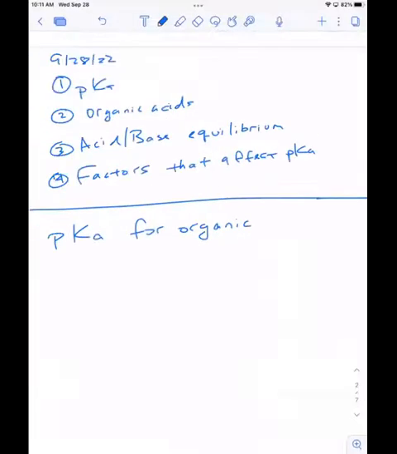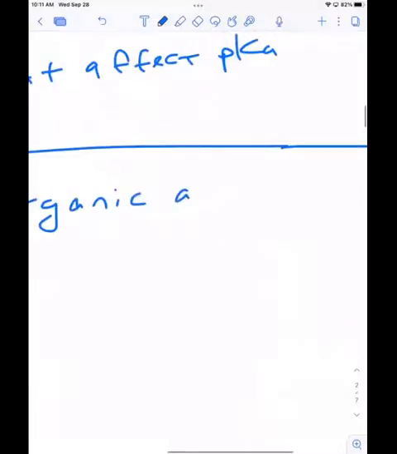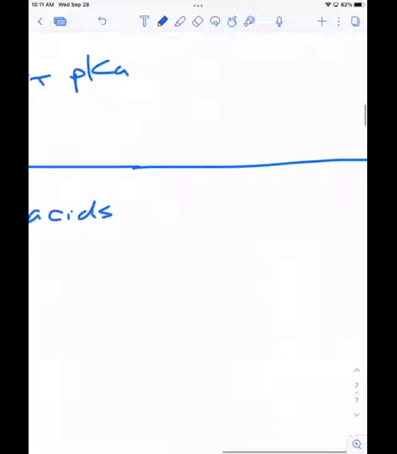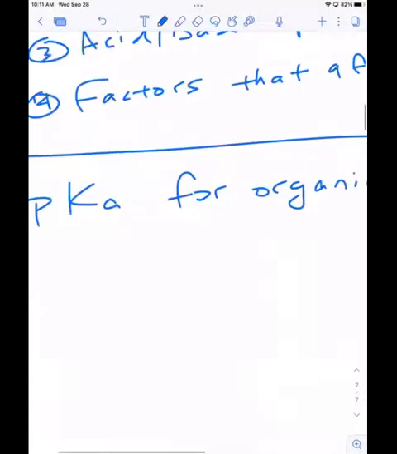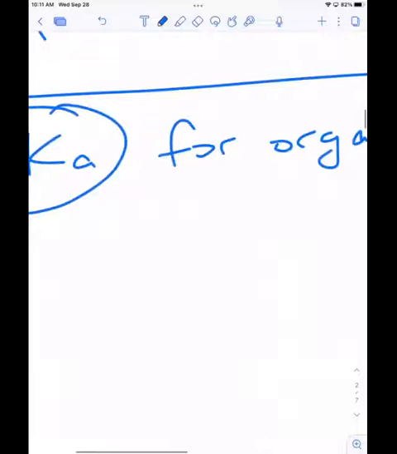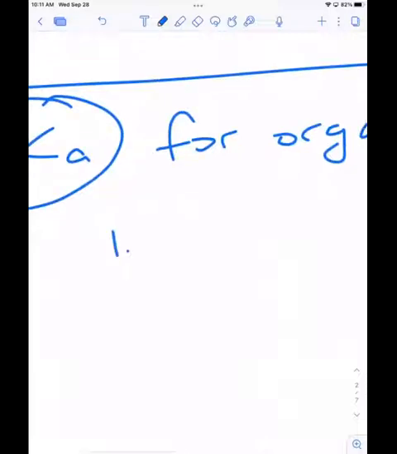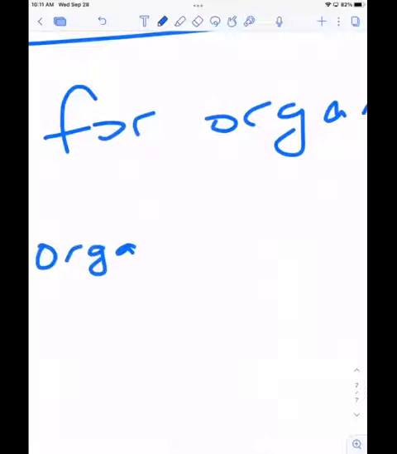But pKa for organic acids, we use that measure for acidity for one. Organic acids, unless they're really, really strong acids, don't spontaneously dissociate.